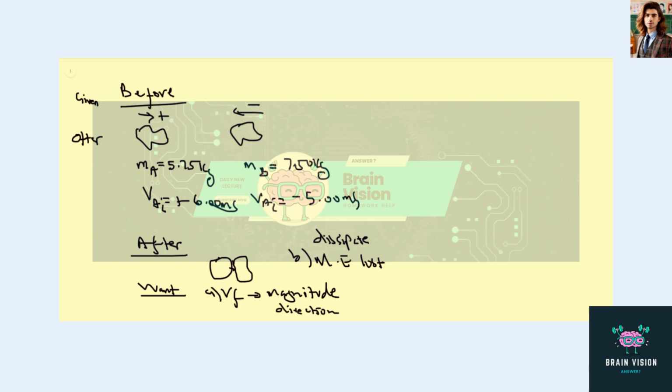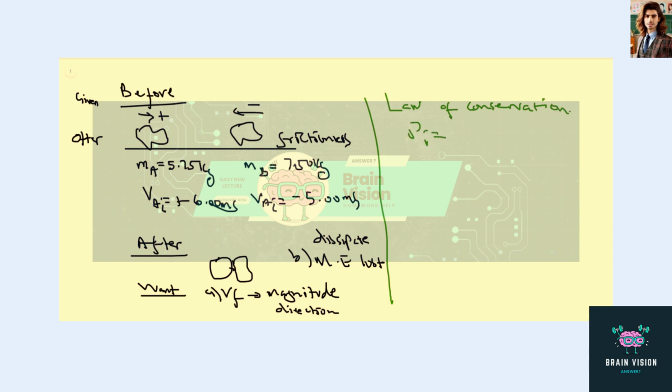In this case, we have a frictionless surface. So we'll use the law of conservation of momentum to show that the initial momentum equals the final momentum. That will help us isolate the final velocity. When they collide with each other, they end up having a common velocity as part of the final momentum.